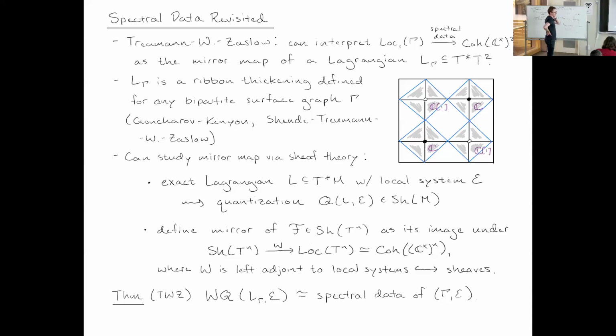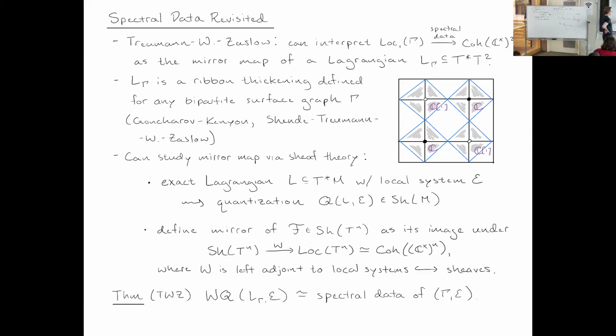So pi_1 of T^n is Z^n, and the group algebra of that is just the Laurent polynomial ring, so functions on the torus. And there's a canonical way of taking a sheaf and turning it into a local system, because the inclusion of locally constant sheaves into all sheaves has an adjoint, or it has both adjoints, but I'm going to take its left adjoint. I'm going to call that W for wrapping.